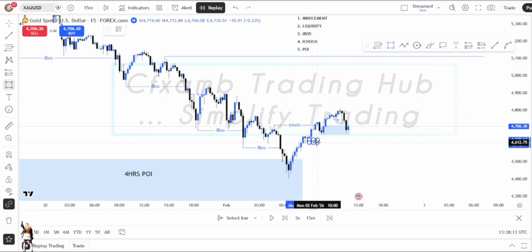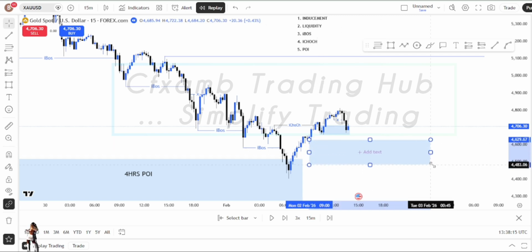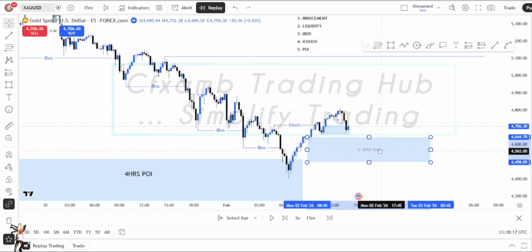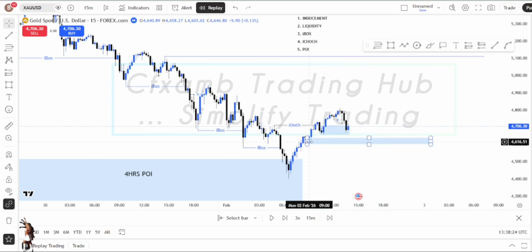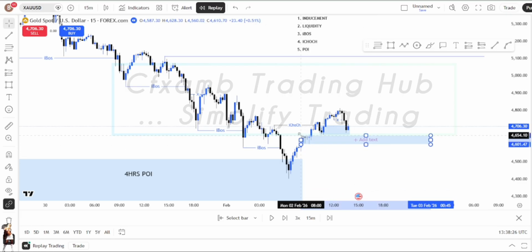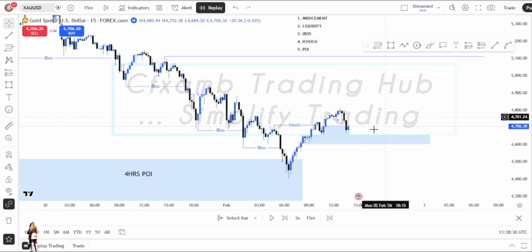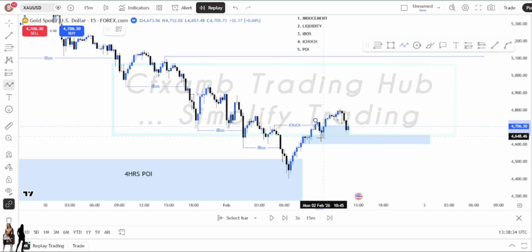Now if you look closely here, this wick here is also our POI, because the wick is more than 50% of that candle body. Are you getting it? We have our POI here, but this pullback mitigates this order block body here before we now close above.